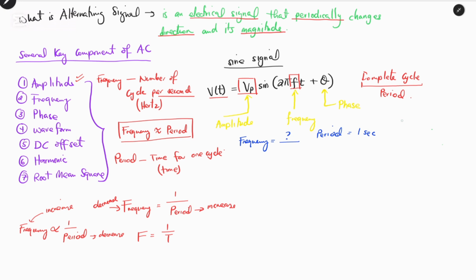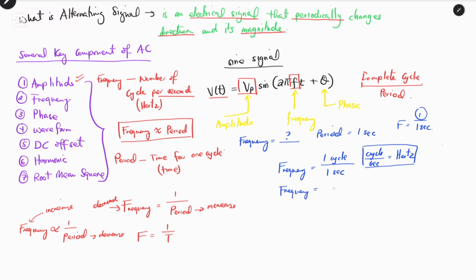Then we all know that the frequency is equal to 1 over 1 second. And what does that one represent? This one represents the frequency, which is equal to 1 cycle over 1 second. And the unit cycle over second is equal to the hertz. Therefore, in that case, the frequency is equal to 1 hertz.